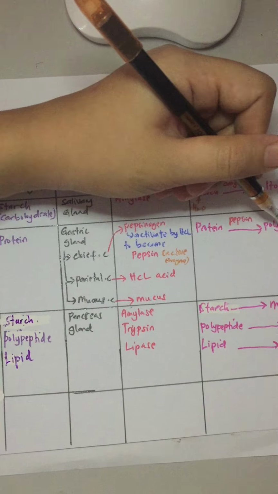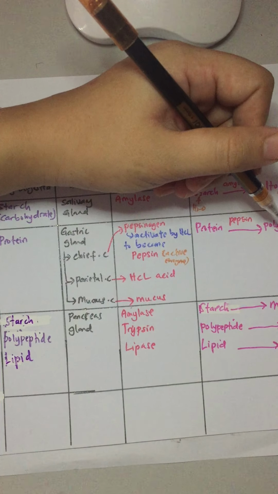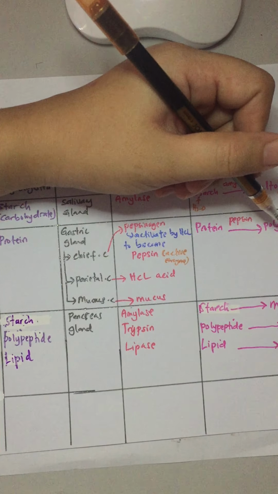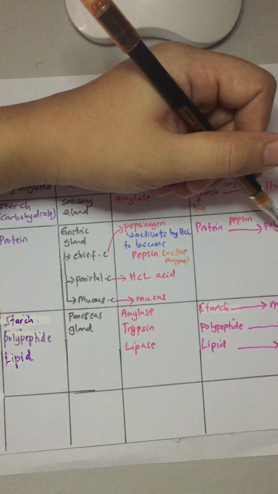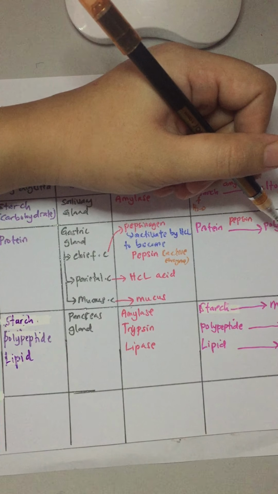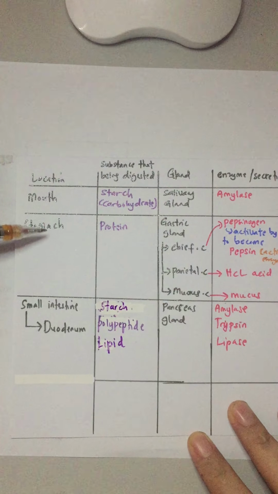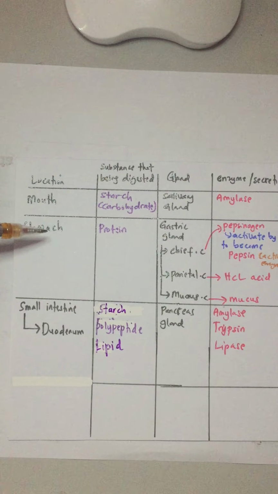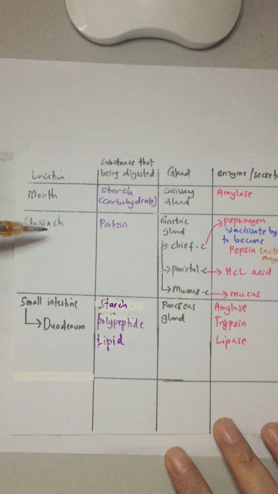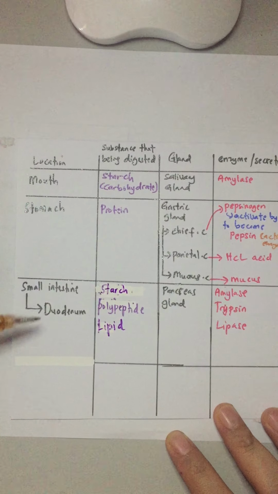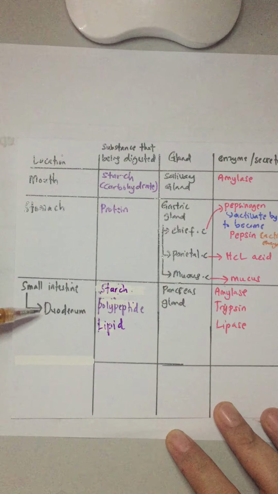Maltose dengan polypeptide ni belum lagi jadi bentuk yang paling simple. Jadi dia masih lagi perlu di digest. Okay, dicerna, di digest. Okay, jadi kalau mouth dengan stomach dia belum selesai lagi, di mana dia sambung? Where does it continue? It will continue the digestions in the small intestine.